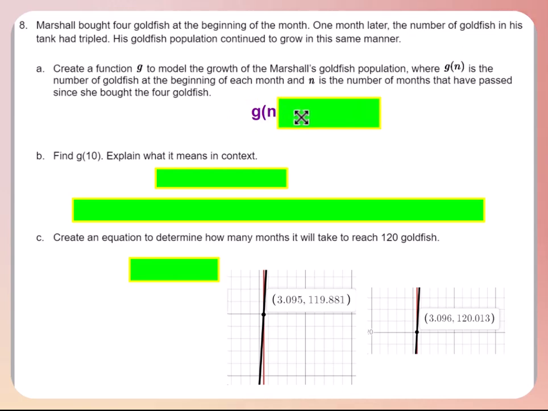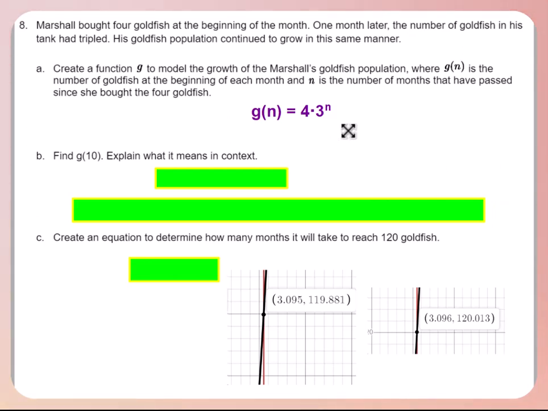So g of n equals, the initial amount is 4. Our growth factor is 3, so we're multiplying by 3, and we're raising that to the nth power.